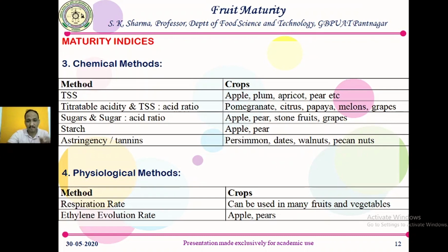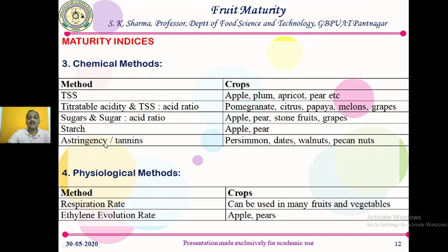But if the starch has not been converted into sugar, it means that it is mature and not yet moving towards ripening, so it will give blue color with iodine. So the starch iodine test is one of the common methods used in apple and pear to judge the ripening stage, the maturity stage, the harvesting stage.